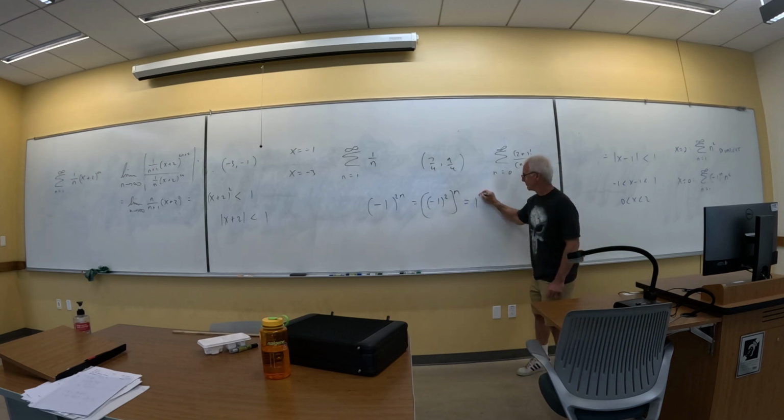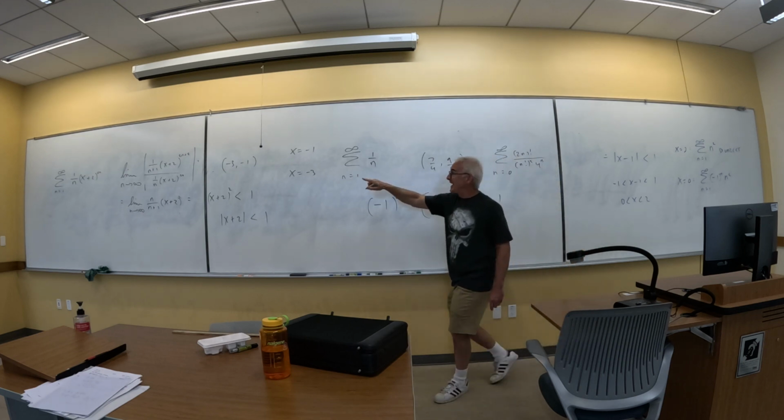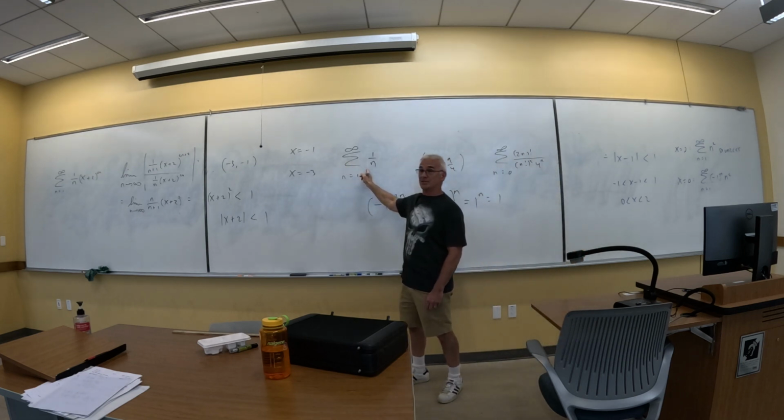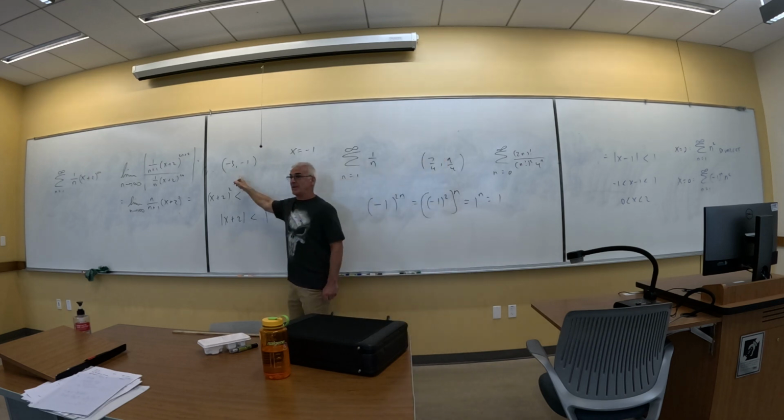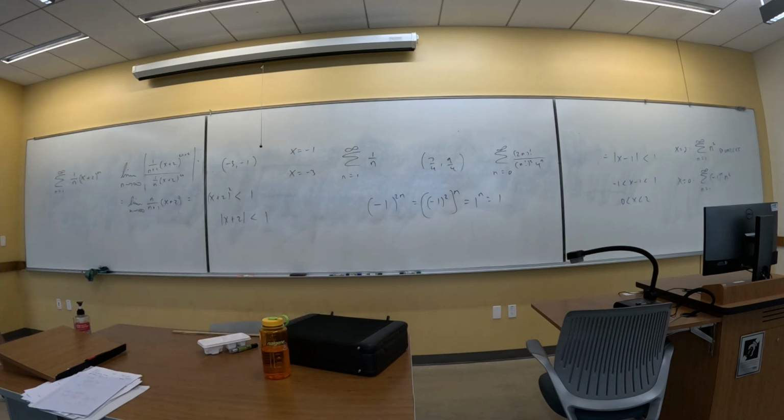Yes. Oh, I'm 1 at both ends, aren't I? Therefore, both -3 and -1 produce this series. And we know this series diverges. Therefore, that will be my final answer. I'm not going to get convergence at one of the endpoints.